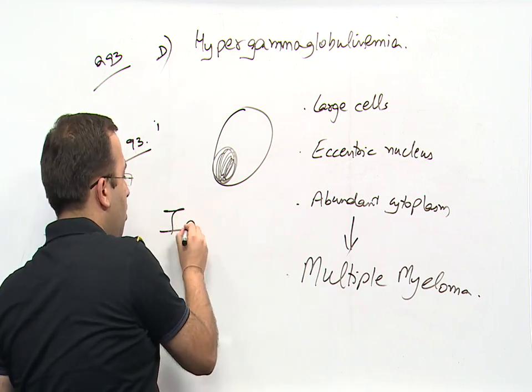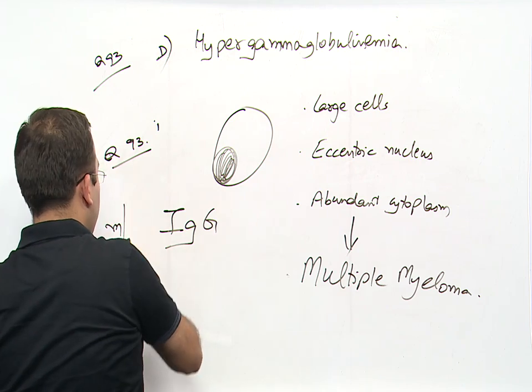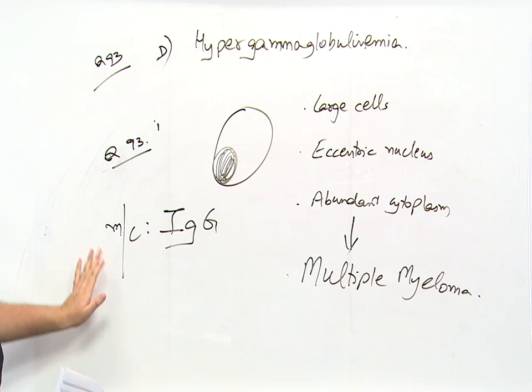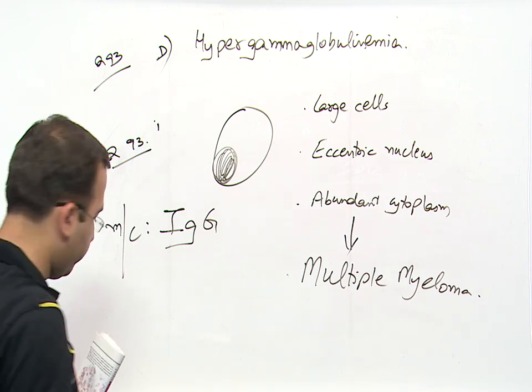You very well know the most common immunoglobulin in multiple myeloma is IgG. Next, question 94.